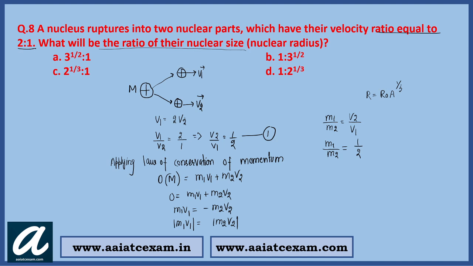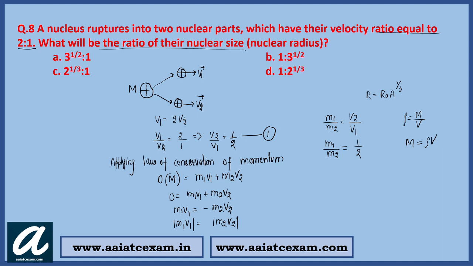Now students, you know that density is always equal to mass per unit volume. So mass will be equal to density into volume, but both these fragments are made up from the parent nucleus, so density will be same.